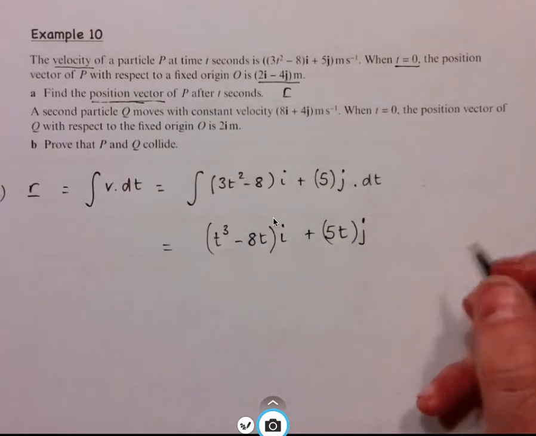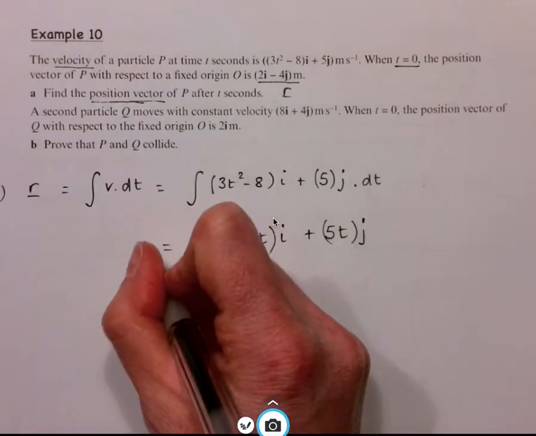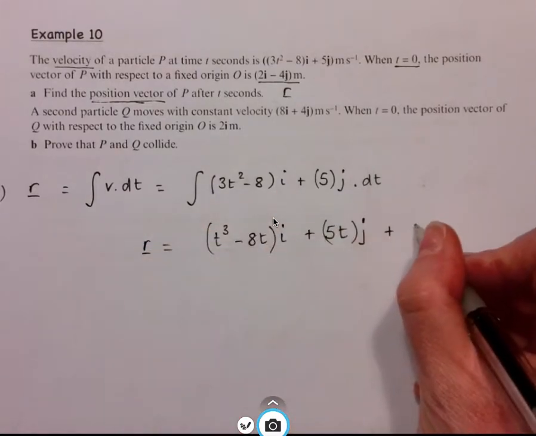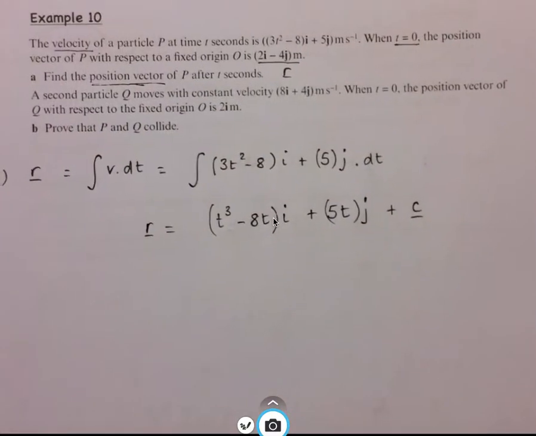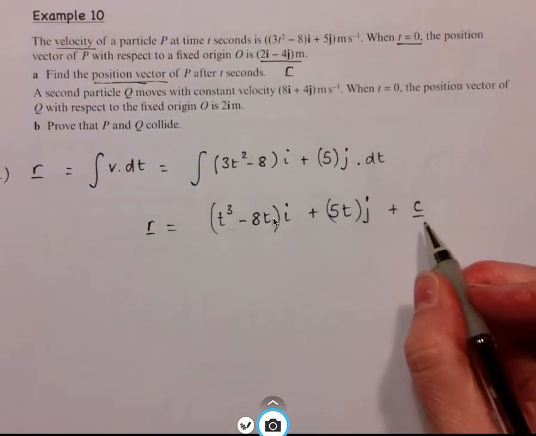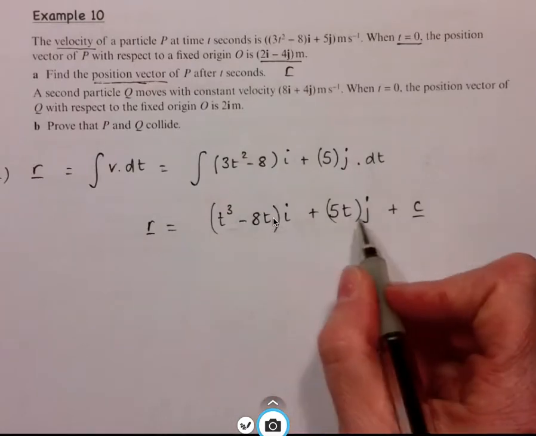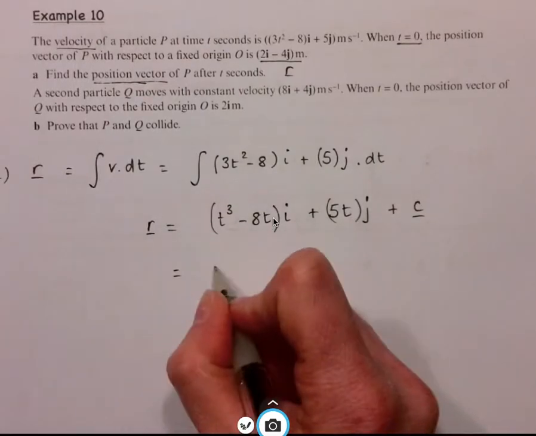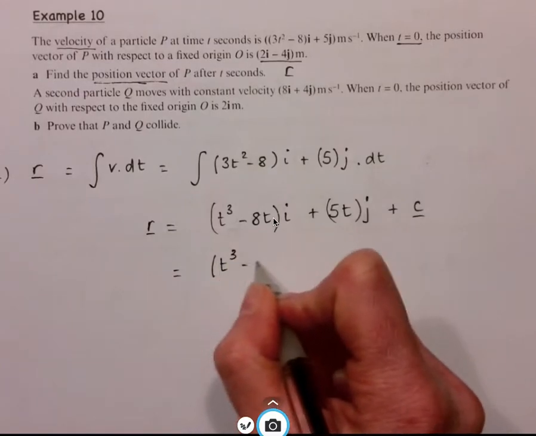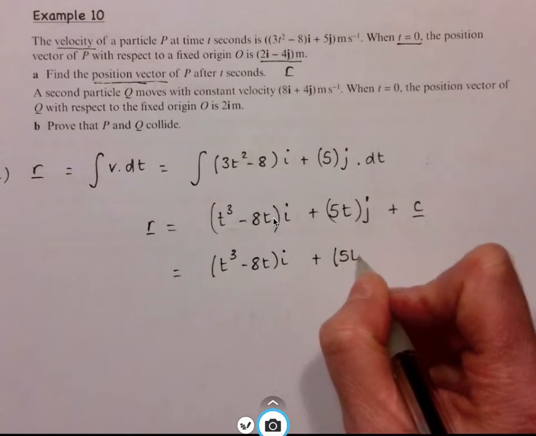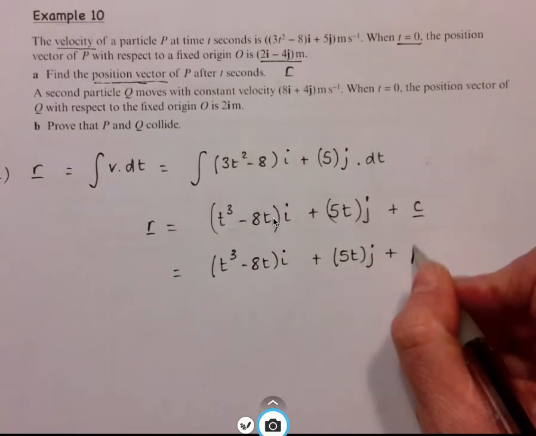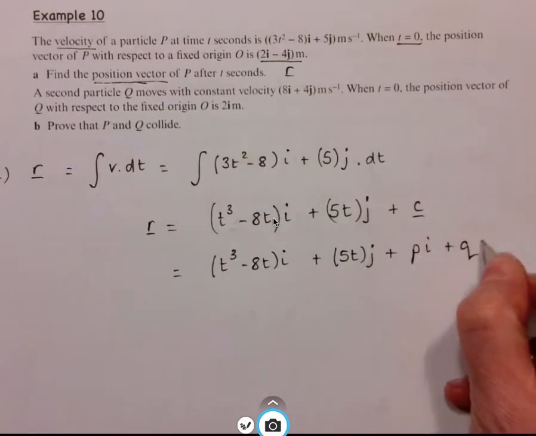Now remember, because we've integrated, we've also got a constant of integration, and that constant of integration will have an i and a j component. So you might want to write it as (t³ − 8t)i + 5tj + pi + qj.